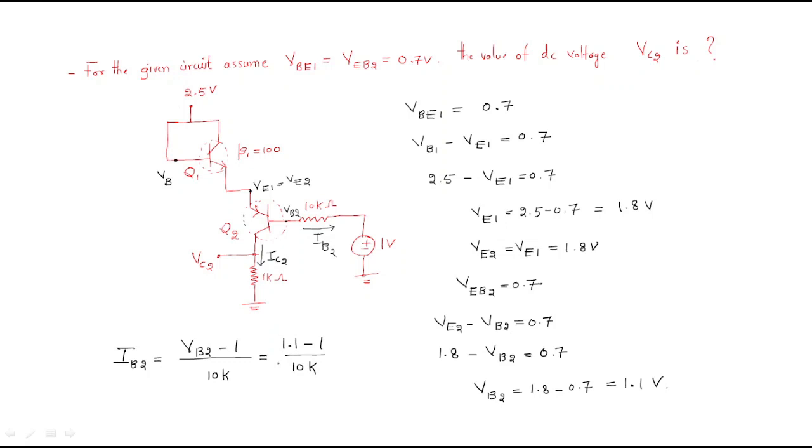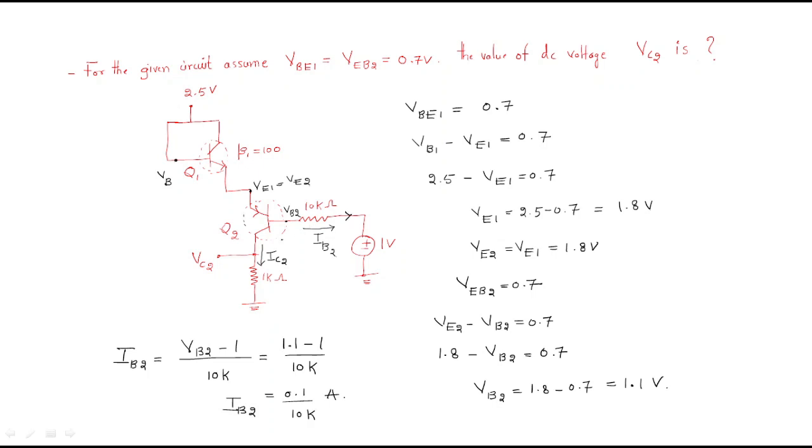So we can write 0.1 by 10K amps. This is the IB2. So we already got this IB2 current.